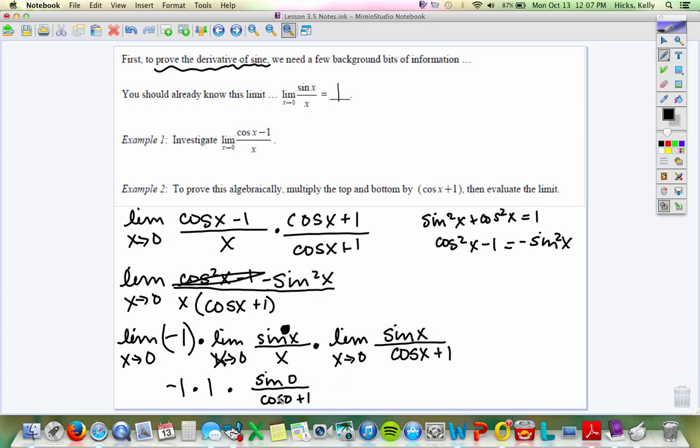The sine of 0 is 0. The cosine of 0 is 1. So we get negative 1 times 1 times 0 over 2. That 0 over 2 is nothing but a 0, so our answer is 0. So the limit as x approaches 0 of cosine x minus 1 over x is 0.